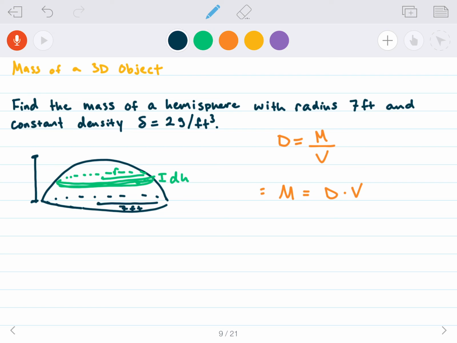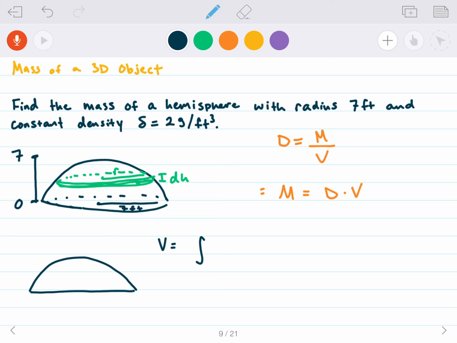If we take a cross section of this thing, remember that for the volume, first of all, the radius of the hemisphere is 7. So if we are integrating with respect to the height, we're going from 0 to 7 feet.